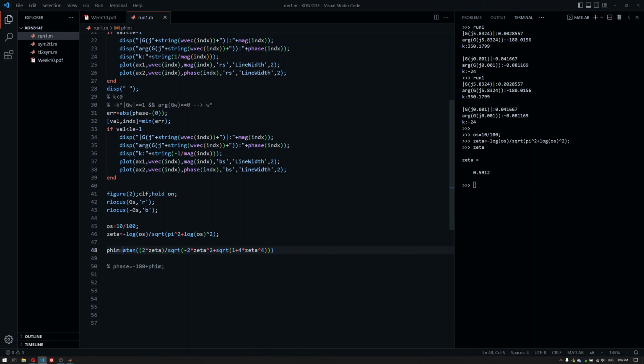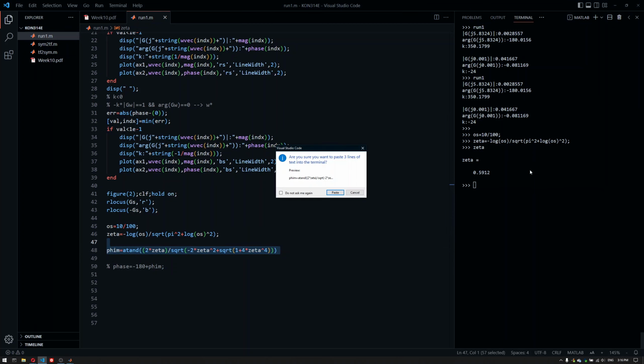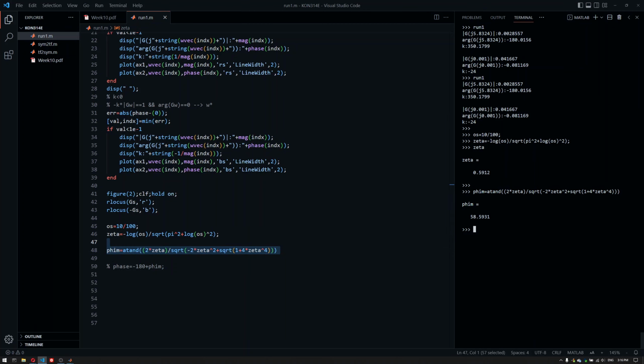Now we can use atand in order to see what it is going to be in degrees. And it's 58.59. So this means the following.